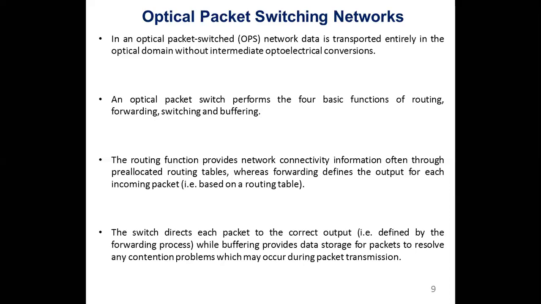In the switching part, the switch will direct the packet to the correct output, and this will be the forwarding process. Buffering will store a large amount of data for the packets, and it will also help us in resolving any contention problems which will occur during the packet transmission. So these four strategies have to be followed in the optical packet switch network.